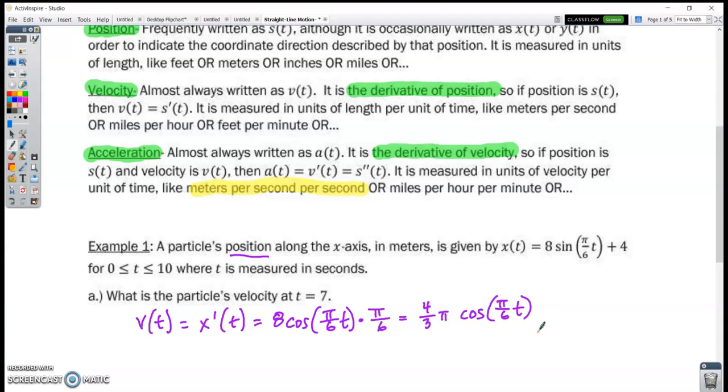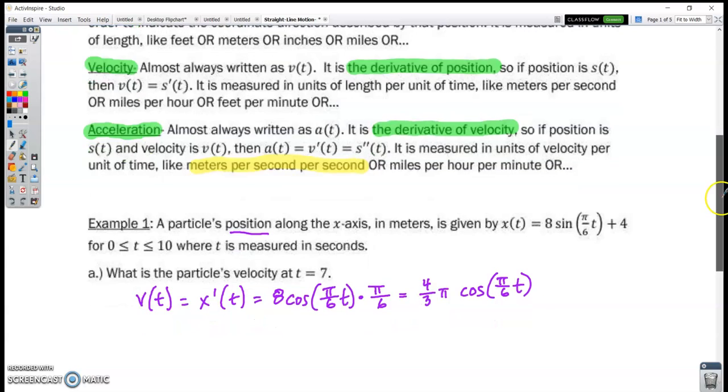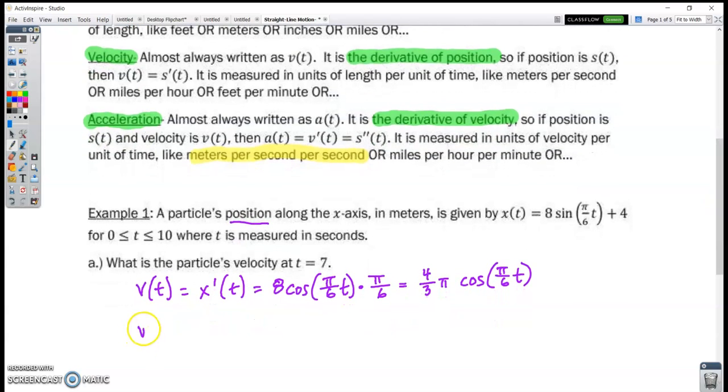Okay, now, in order to find the velocity at time 7, all I need to do is substitute 7 into my velocity function in place of time. So this turns into 4/3 pi times the cosine of, and I put 7 in here for time, and that makes this the cosine of 7 pi over 6.